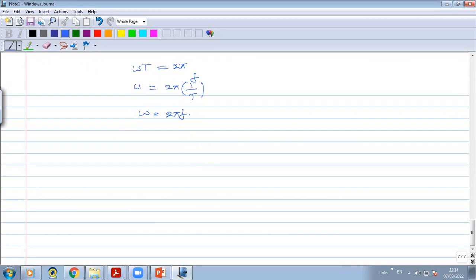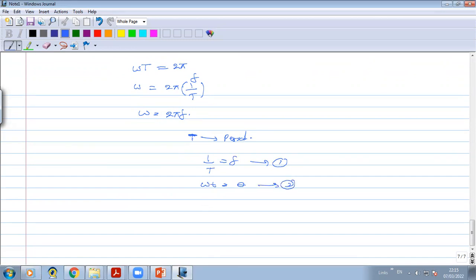If T is the time taken to complete 1 cycle, we call this the period. So if the period is T, 1 by T is equal to f, this is one relation. And you know that omega t is equal to theta, this is another relation.